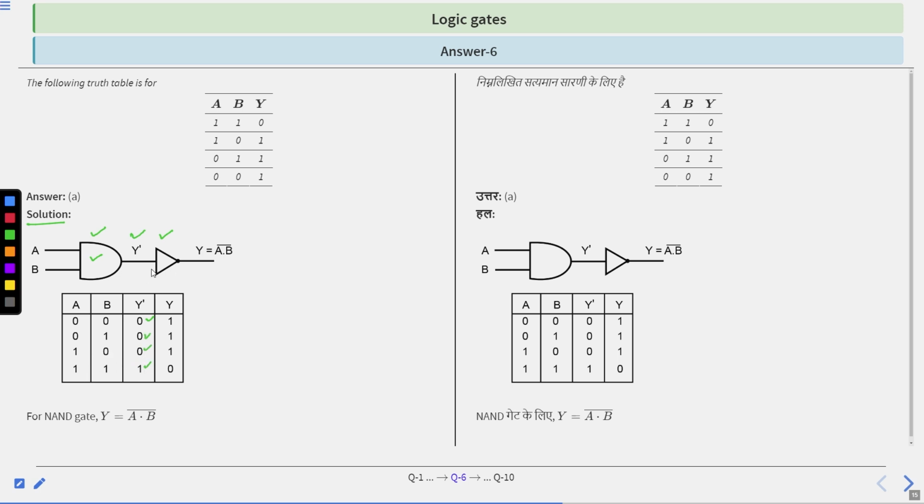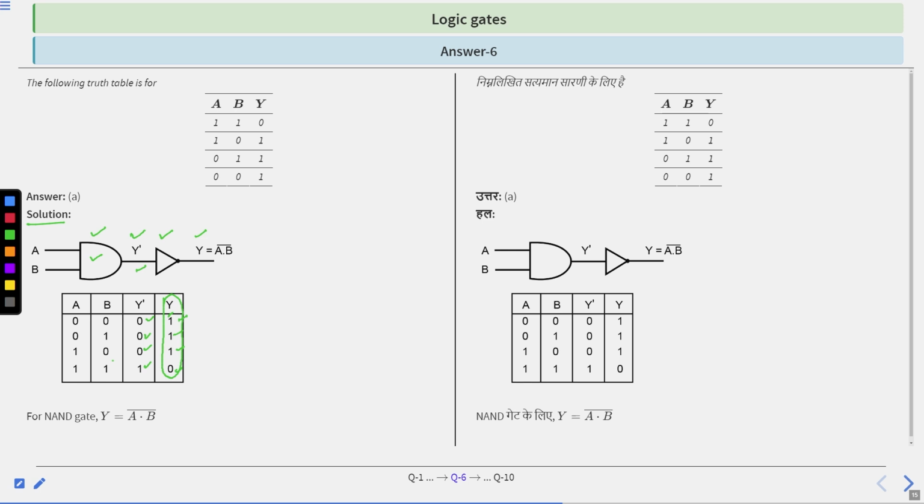Y prime is the input for this NOT gate and Y is the output. So Y is 1, 1, 1 and 0.